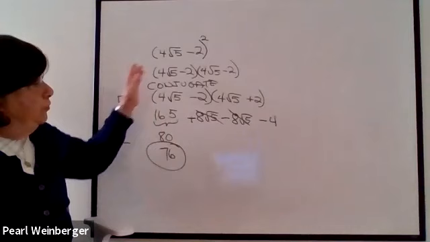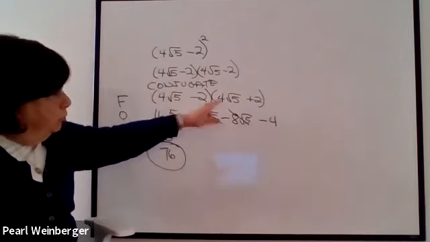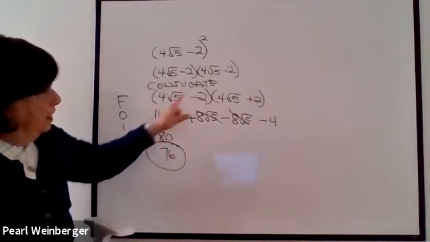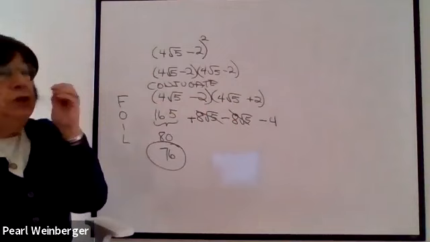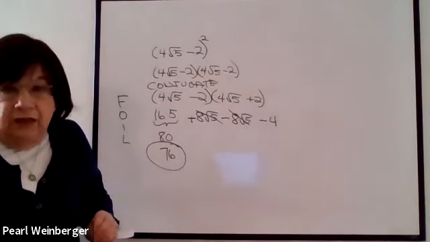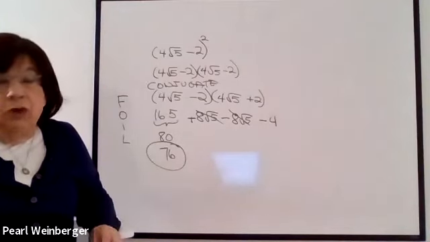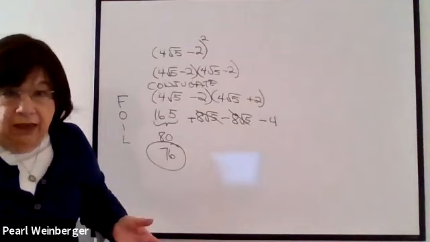You could just do first and last, just the 4 radical 5 times the 4 radical 5 to get the 80, and then negative 2 times the positive 2 to get the negative 4. Because when you're multiplying conjugates, the middle terms will always cancel each other out. So why do the extra work when you know it's not going to help? It's just going to be canceled out.